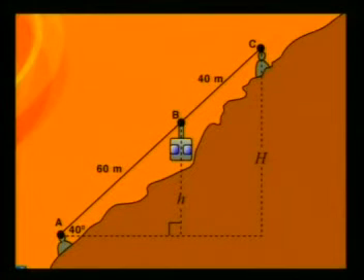The cable car climbs at 40 degrees to the horizontal. The length of AB is 60 meters and the length of BC is 40 meters. Calculate the value of this height and this height.